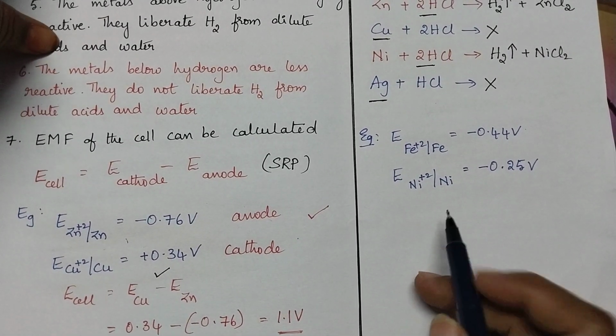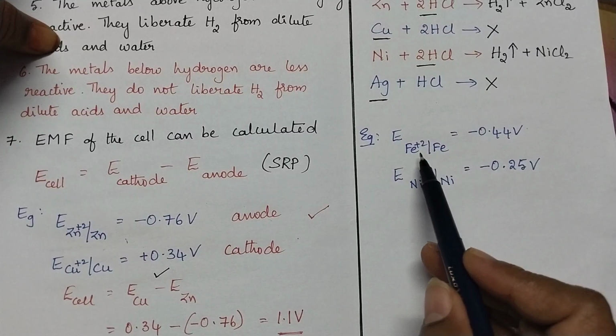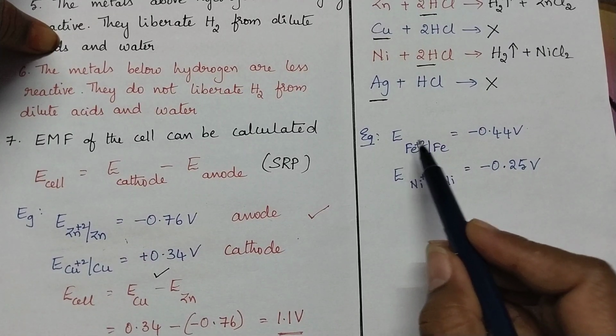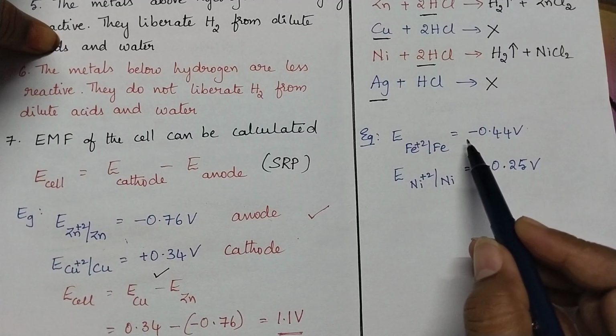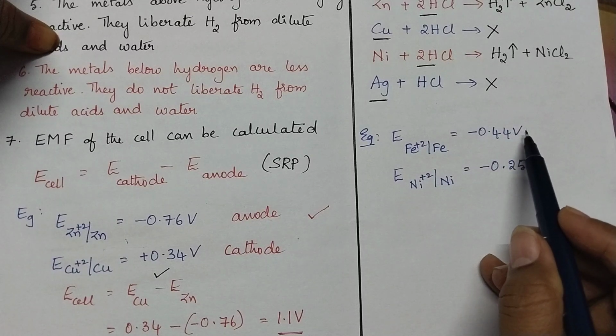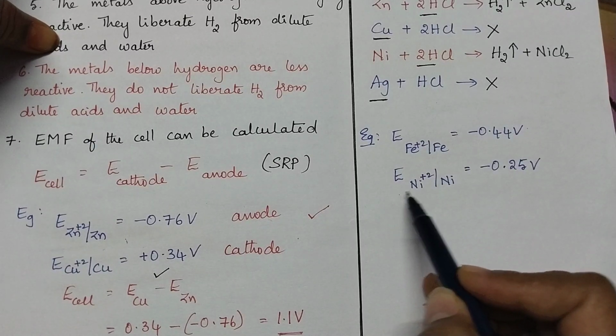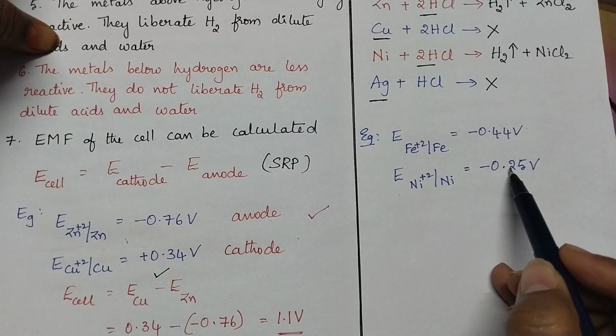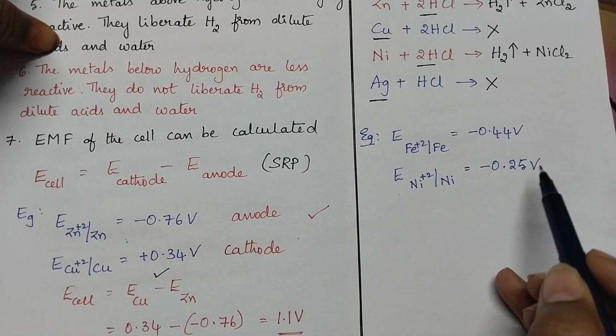Calculate the EMF of the cell consisting of iron and nickel electrodes. The reduction potential of iron is equal to minus 0.44 volts, and the reduction potential of nickel is equal to minus 0.25 volts.